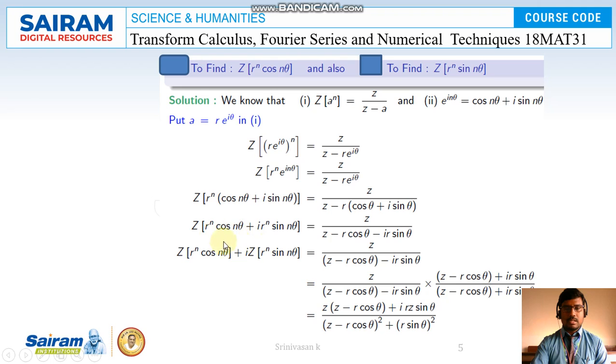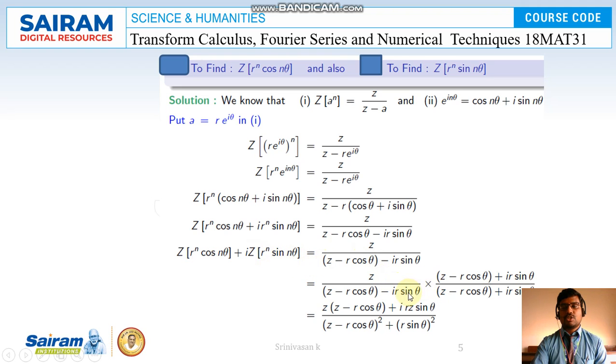So this is Z of r^n cos n theta plus i r^n sin n theta equals z divided by z minus r cos theta, multiply the minus inside, we get minus i r sin theta. So now here I apply the Z transform on each term. So Z of r^n cos n theta plus i Z of r^n sin n theta.